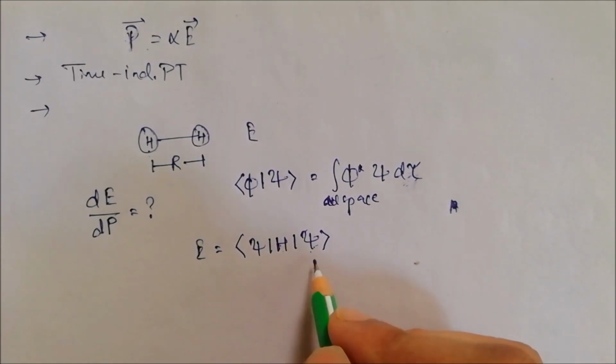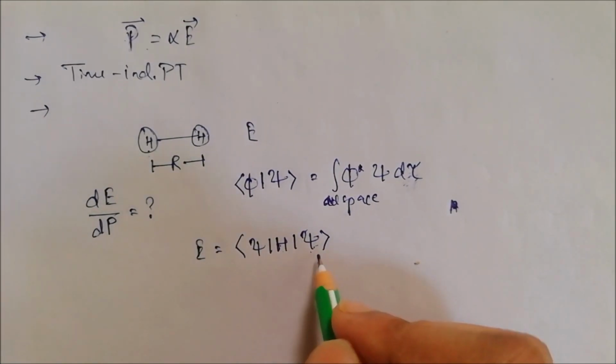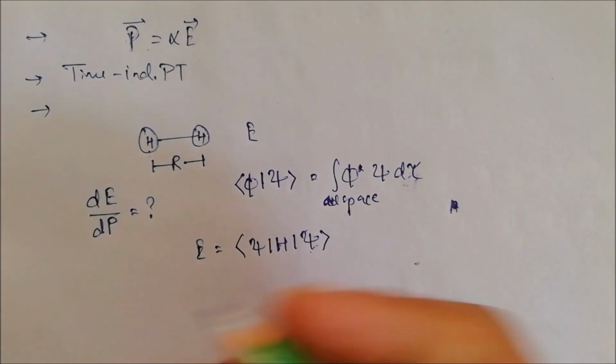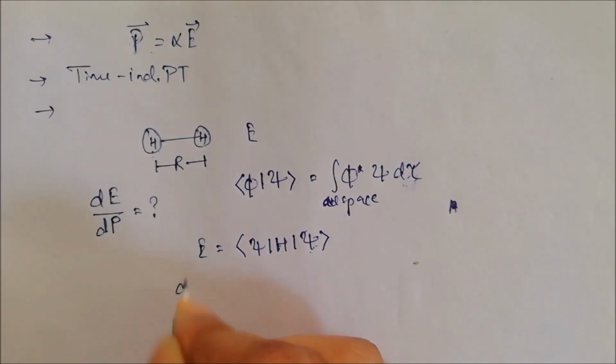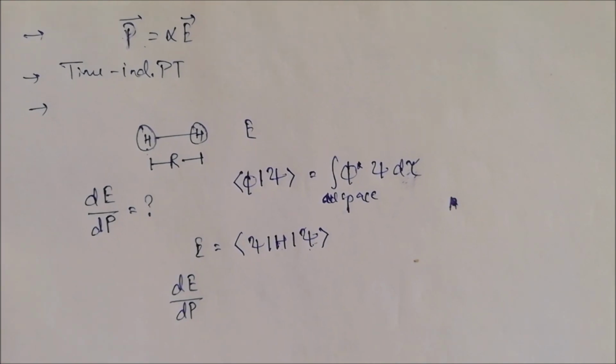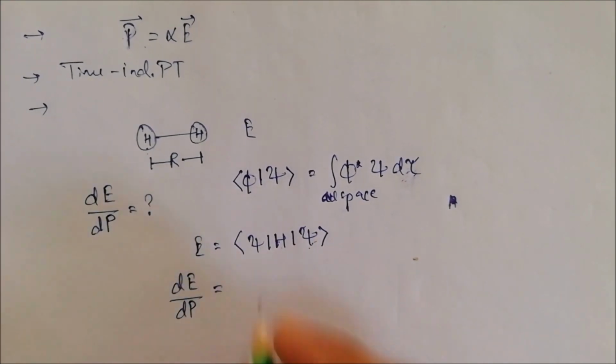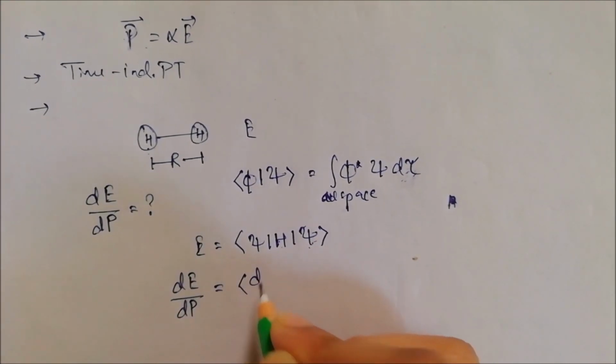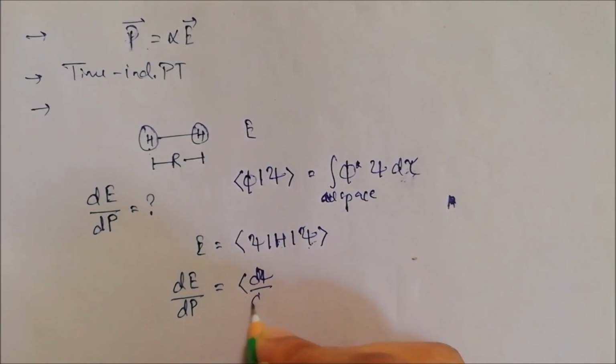If it's in any higher excited state, it is going to give the higher energies. We want to study the change in energy with respect to any parameter, so this is just going to be the normal differentiation.